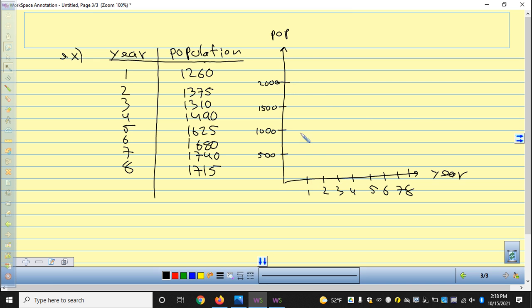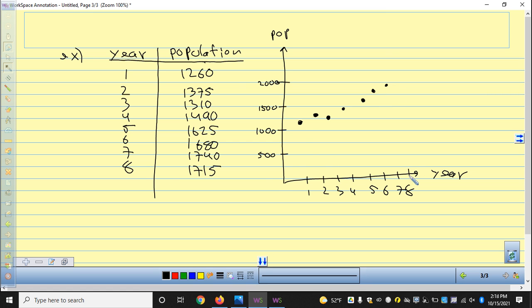So 1, 1260, something like that. 2, 1375, maybe here. 3, 1310, we went down a little bit. 4, 1490, so we're up a little bit higher. 5, 1625, so up here. 6, 1680. 7, 1740.